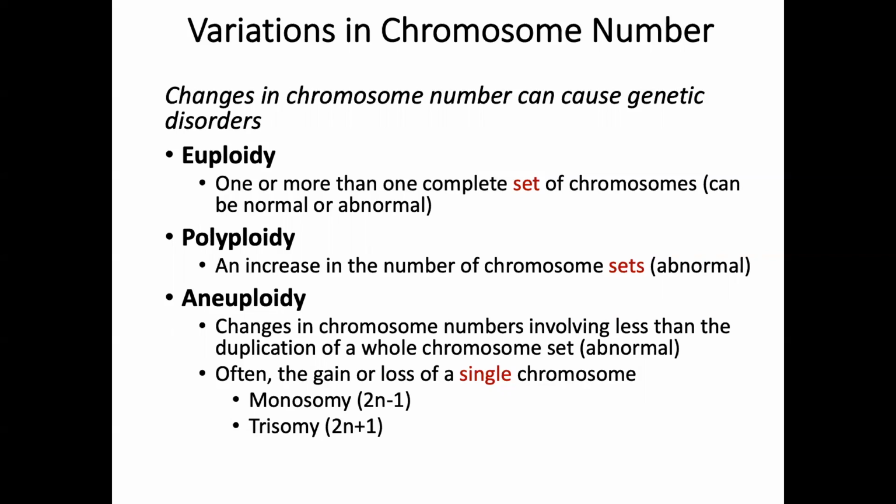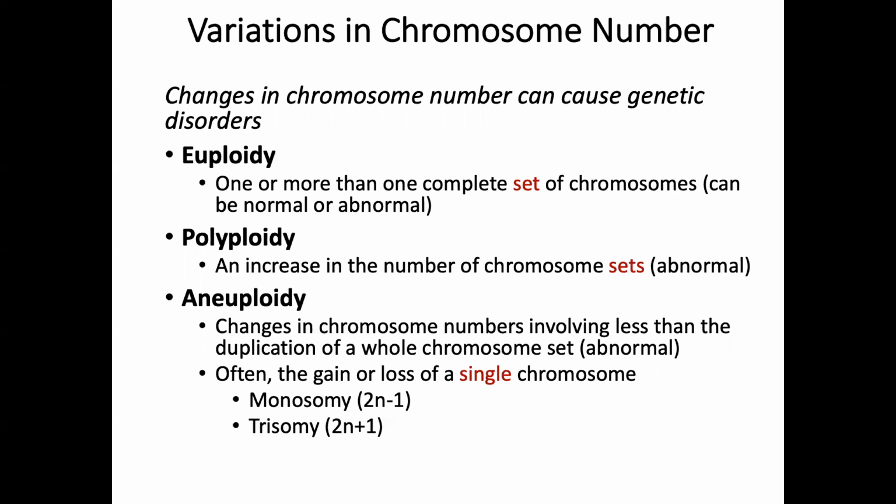Euploid types that have more than two sets of chromosomes are called polyploid. For example, a triploid, that means 3N, and a tetraploid, that means 4N cells, are polyploid. Okay, polyploidy is abnormal and may occur due to abnormal cell division.